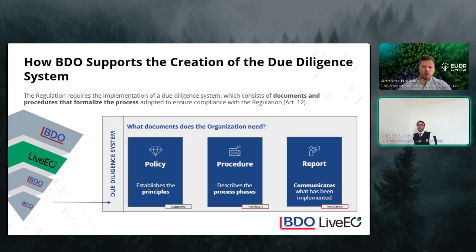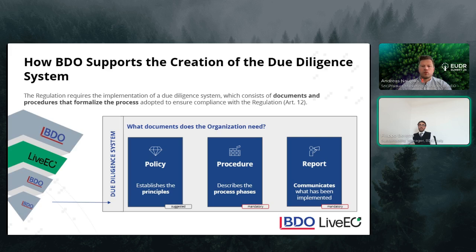A procedure document in which we describe how the process is implemented within the company in order to be able to draw up the declaration, and a report in which we describe the results obtained, with a view also to the continuous improvement of our process and the results obtained.